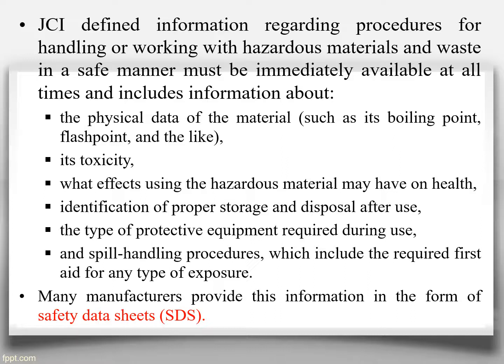JCI defined that information regarding procedures for handling or working with hazardous materials and waste in a safe manner must be immediately available at all times and includes information about the physical data of the material, its toxicity, what effects using the hazardous material may have on health, identification of proper storage and disposal after use, the type of protective equipment required during use, and spill handling procedures, which include the required first aid for any type of exposure.